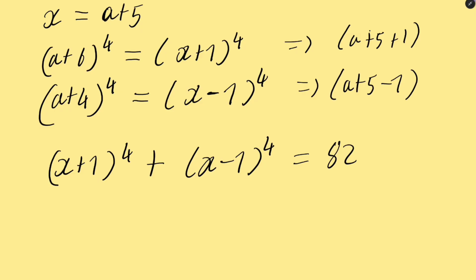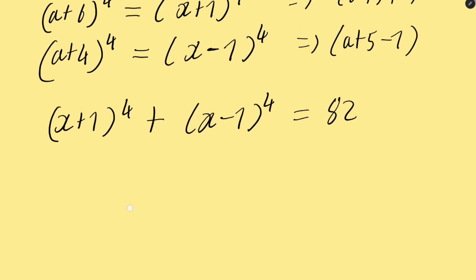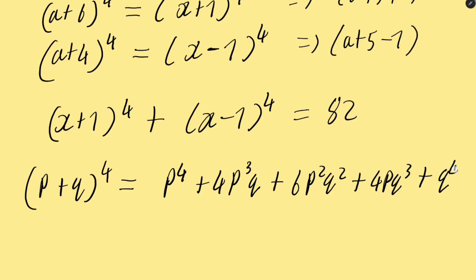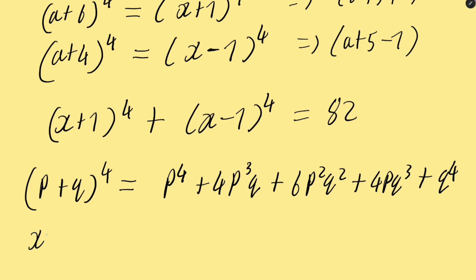But we have to remember the binomial theorem, which tells us that (p + q)^4 is equal to p^4 + 4p^3 q + 6p^2 q^2 + 4p q^3 + q^4.